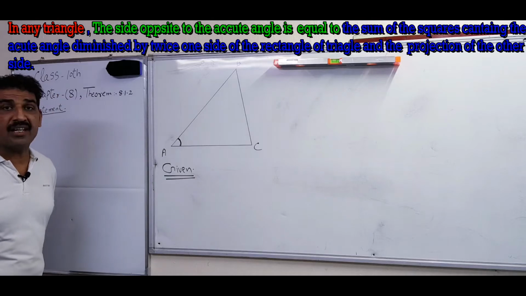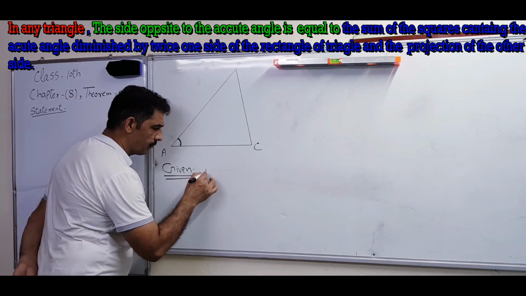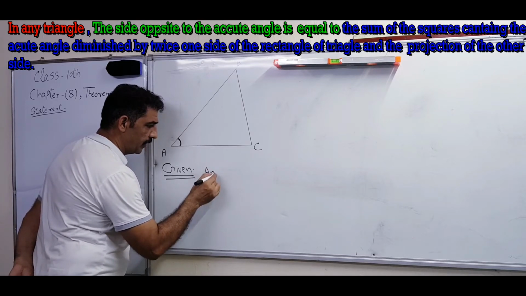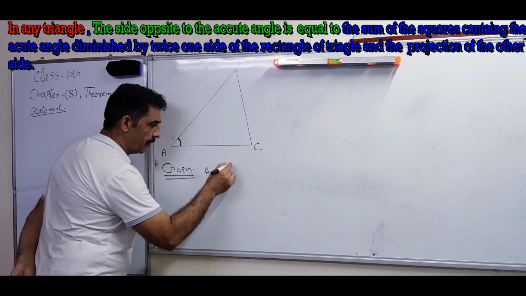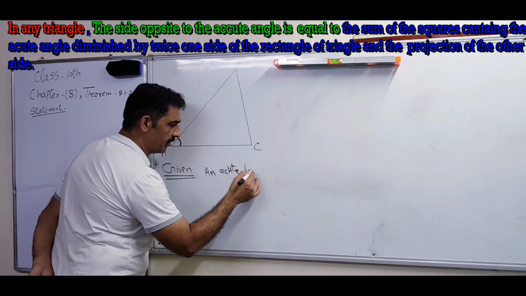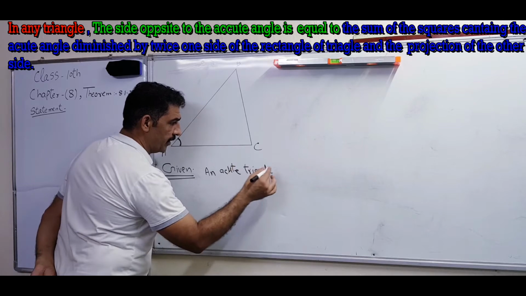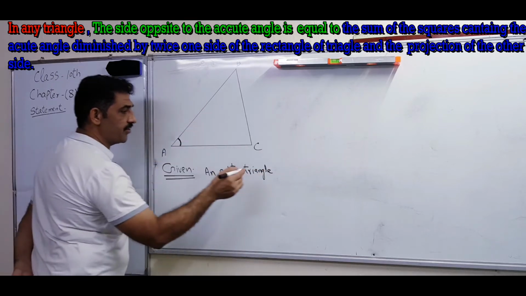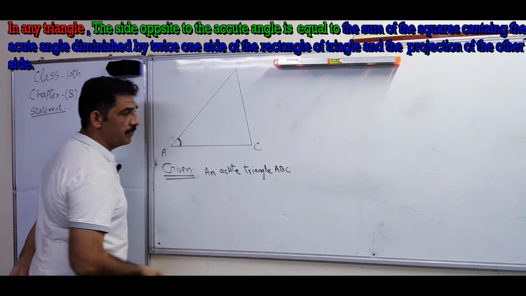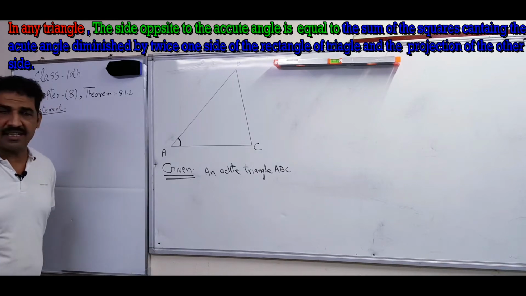In the given, an acute angle triangle, acute triangle ABC. Because I have written triangle here, there is no need to apply the notation of the triangle, it's acceptable.